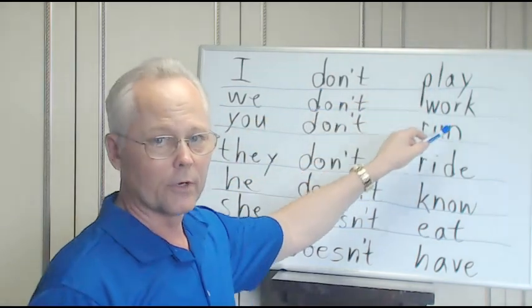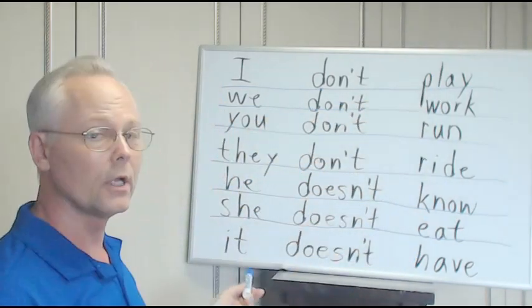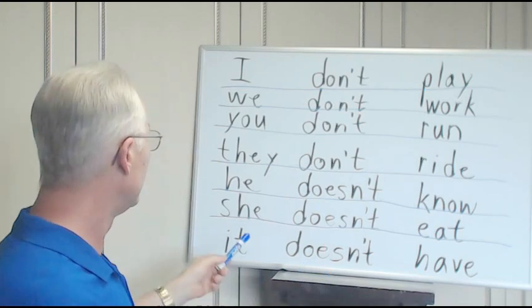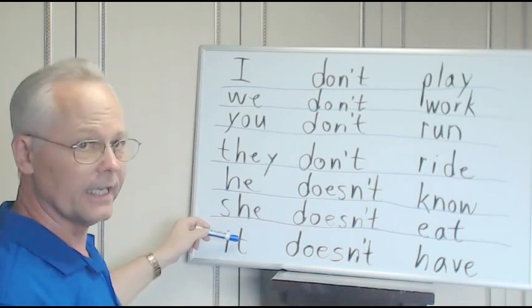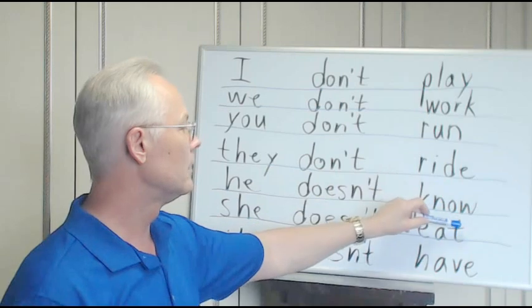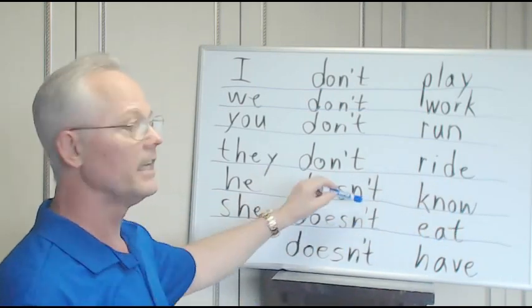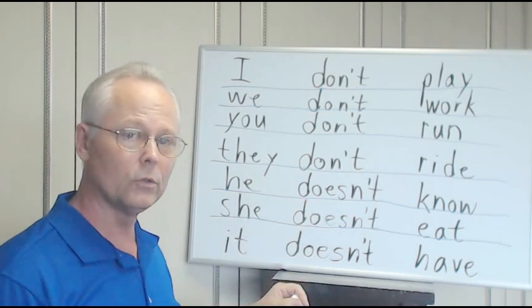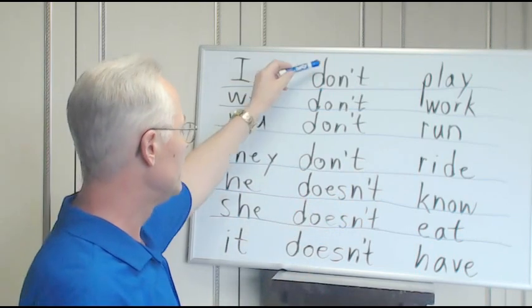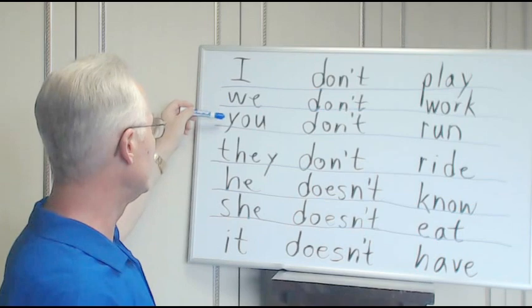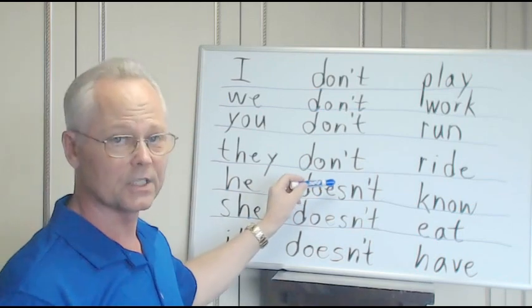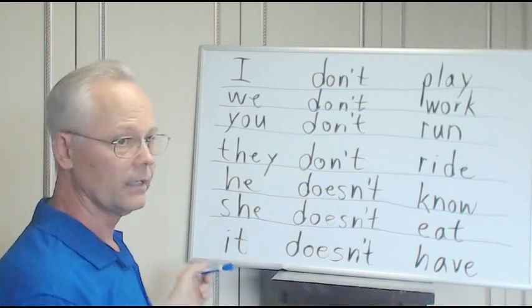Here are our verbs. Now, you notice the big difference between he, she, it, and the verbs? We don't have an S on the end of the verbs when we're using a negative. What we do differently is we use don't for I, we, you, they. We use doesn't for he, she, it.